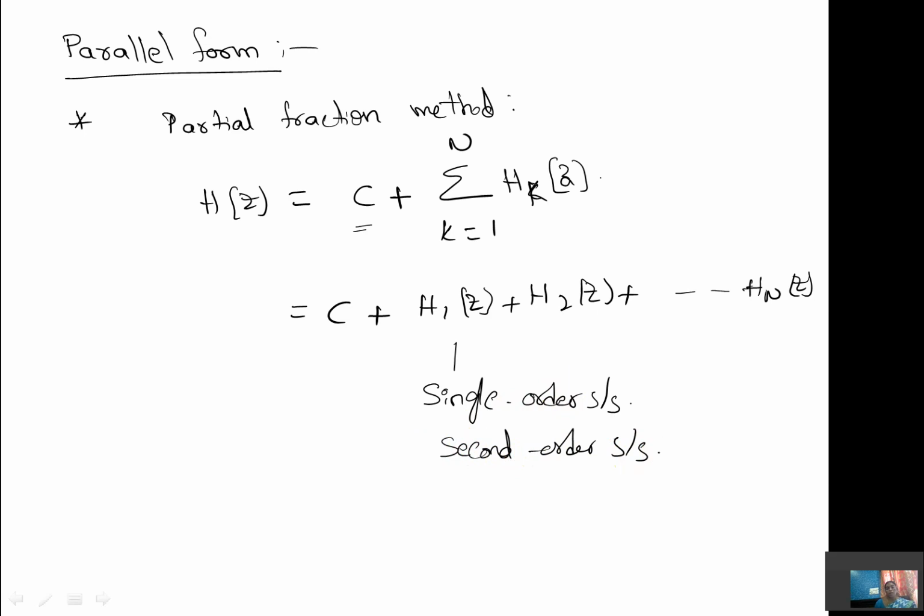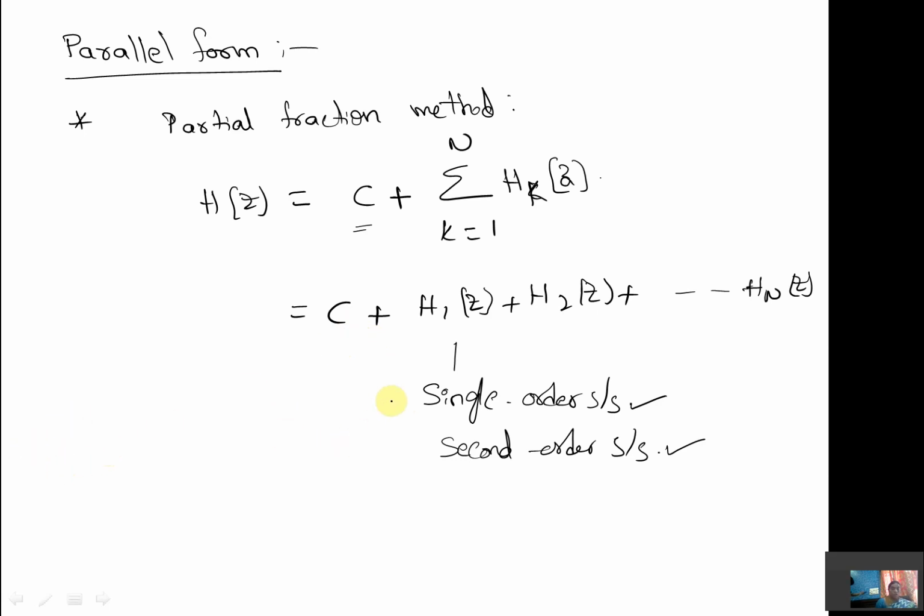That means these functions are either in single order form or in second order form. And of course, realize these individual system functions with either direct form 1 or direct form 2.